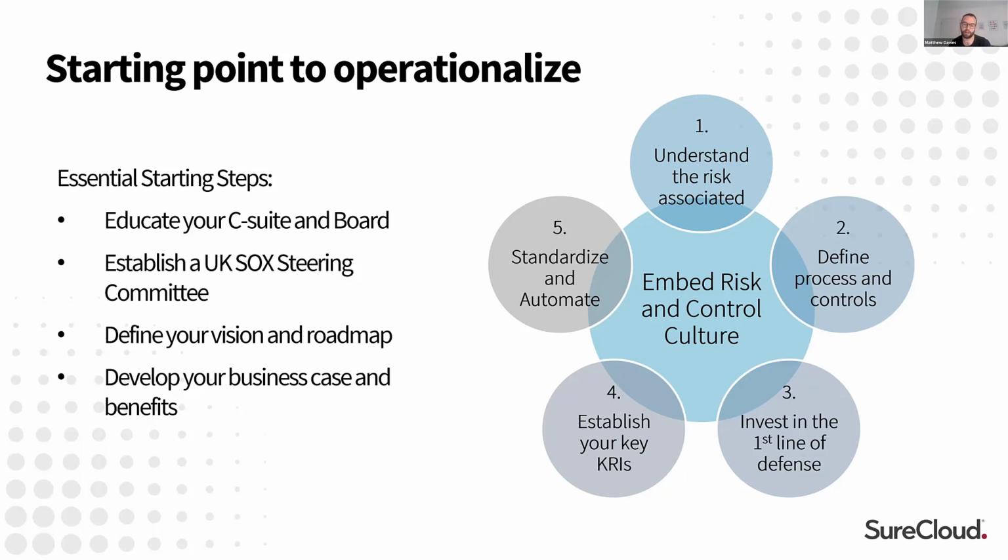So process and the assets supporting it. It's not just, okay, here are the controls, we just have to test the controls. You have to think about what the processes are, what the things underpinning it are, what the risks associated to it are, and then what controls we've got in place. So it's really joining together those two worlds. Then you can have a more proactive approach by using those KRIs, and it really allows you to take advantage of things like tooling to standardize and automate this process.